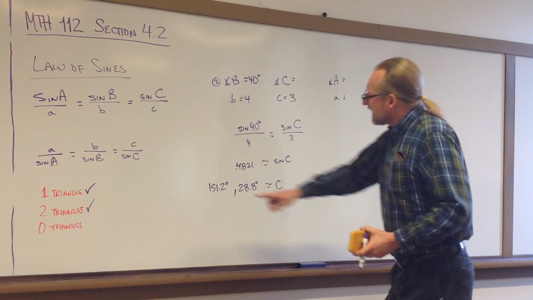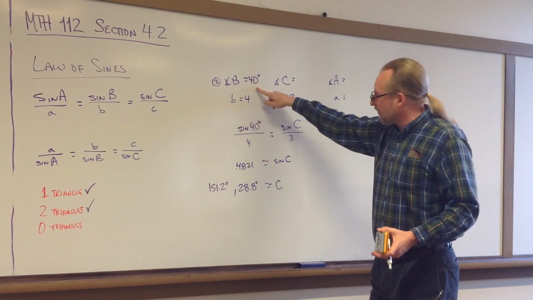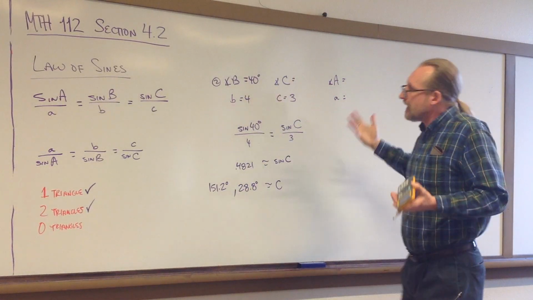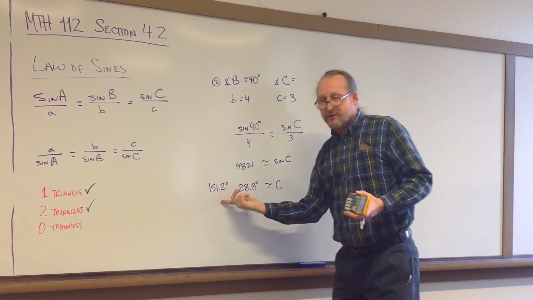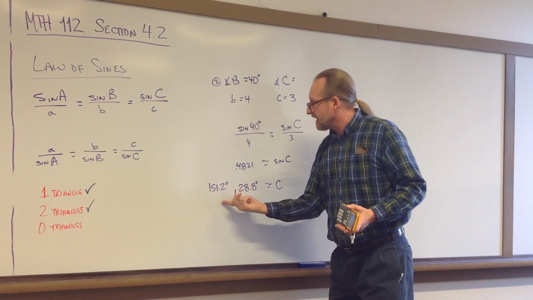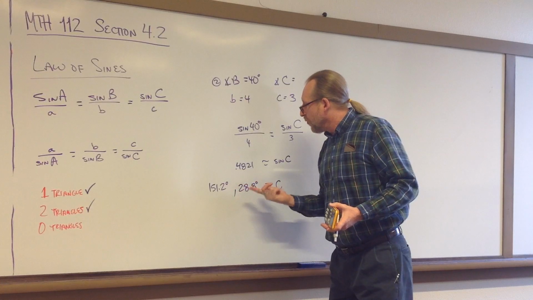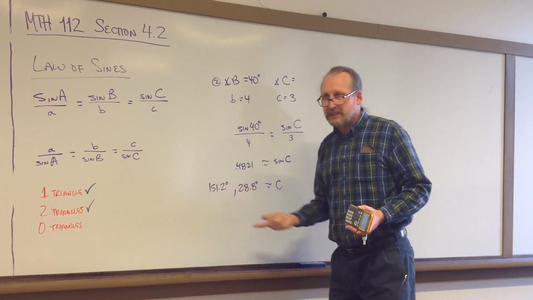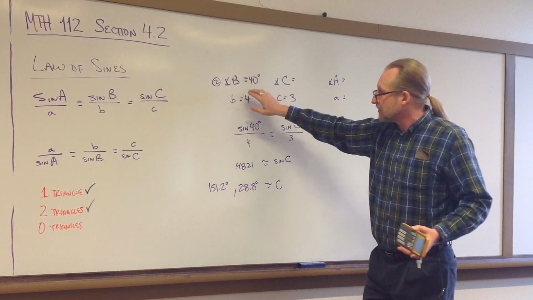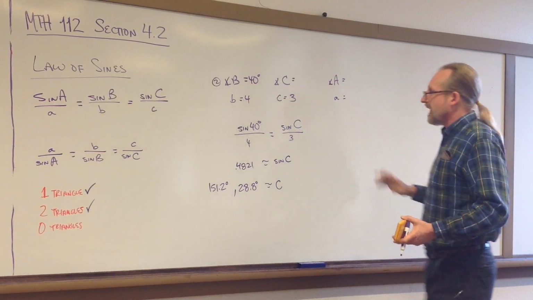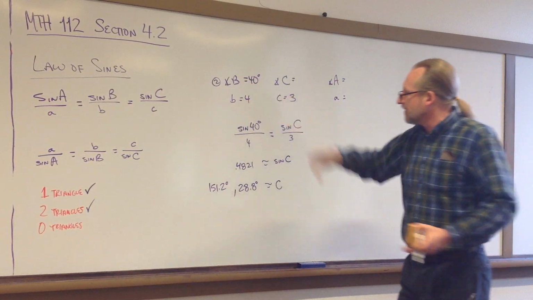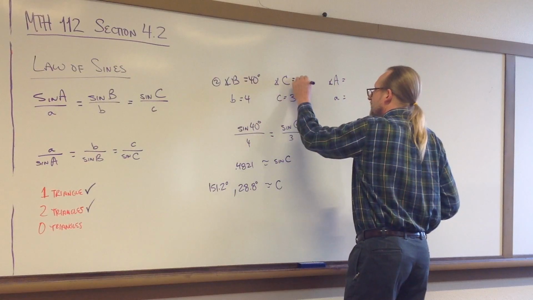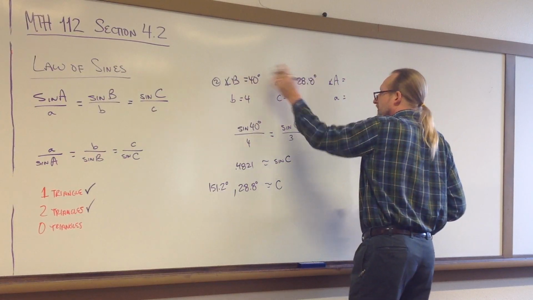Okay, now let's see. Can this one fit in a triangle with a 40-degree angle? That's the question you need to ask yourself. You're always going to have two possibilities here. The question is, do one or both of these possibilities fit in a triangle with the angle that we already have? We've already got the 40-degree angle. This angle, no problem. 28.8, that fits in a triangle without any problem.